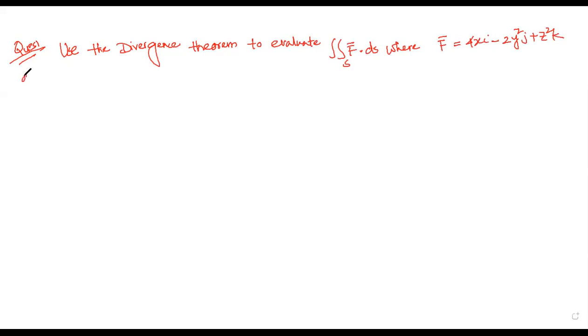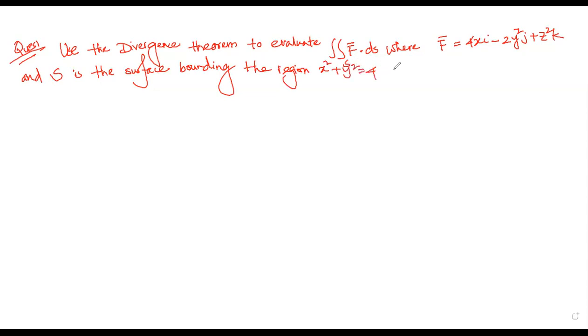And what is S? S is the surface, as usual, bounding the region x square plus y square equal to 4, and z equal to 0, z equal to 3.